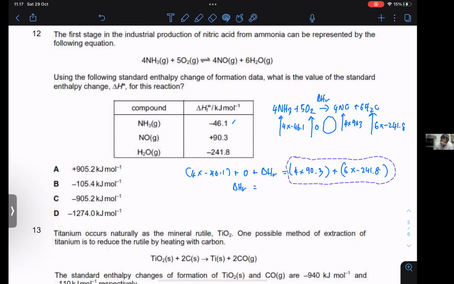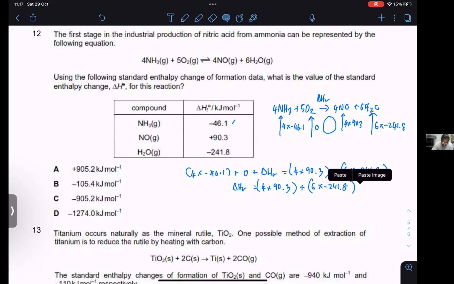Take everything, and then you plus, negative 905.2.